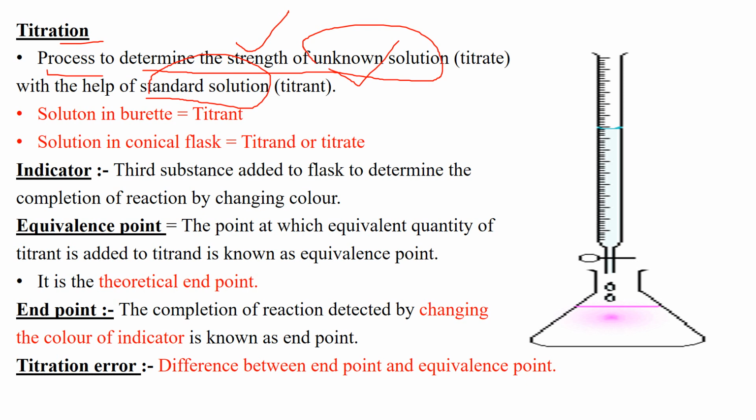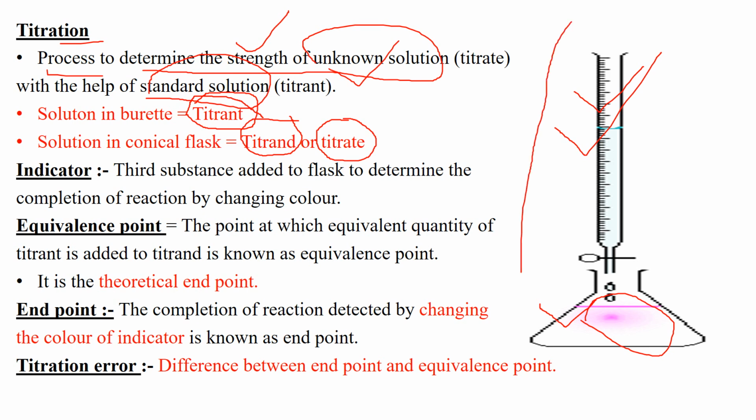For the titration process, we have to use two types of instruments. One is known as the burette, and this is known as the conical flask. The solution placed inside the burette is known as the titrant, and the solution kept in the conical flask is known as the titrand, or it is also known as the titrate.